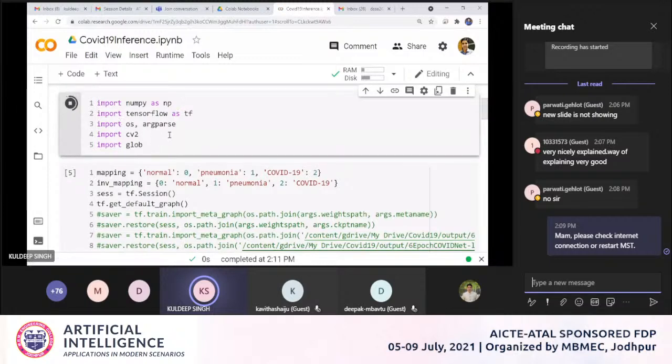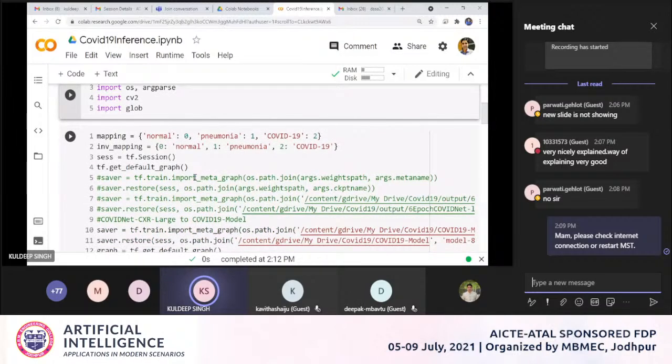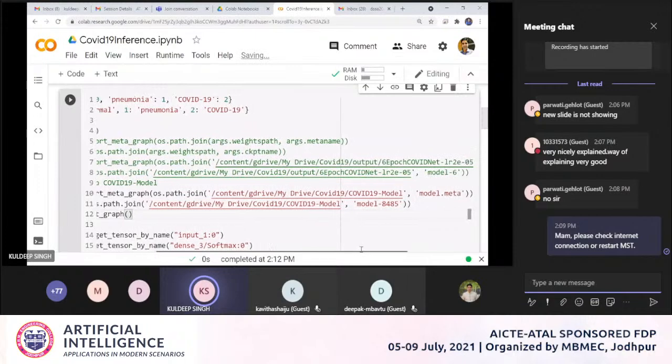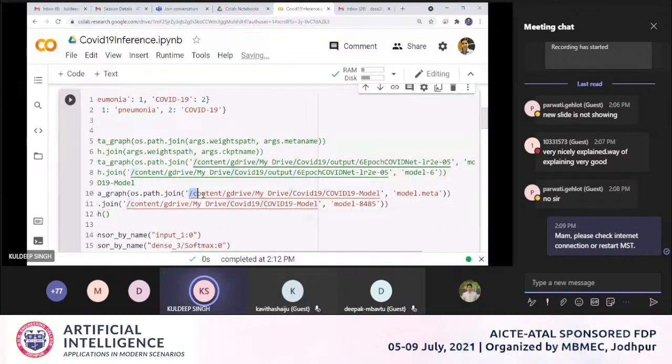Firstly, we will import some of the libraries like NumPy, TensorFlow. CV2 is for computer vision, that is the computer vision library. And then, as I was saying, this is my model importing script, where I'm providing this path: content, G drive, my drive, COVID-19, which I just demonstrated to you.